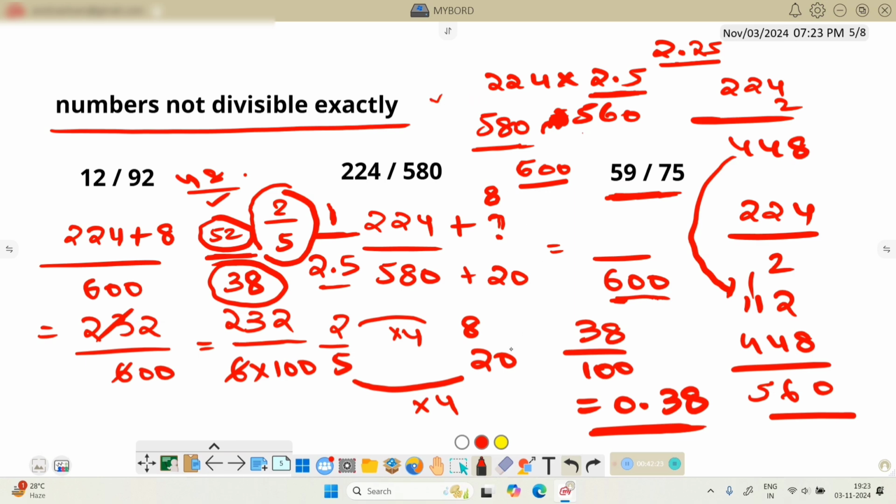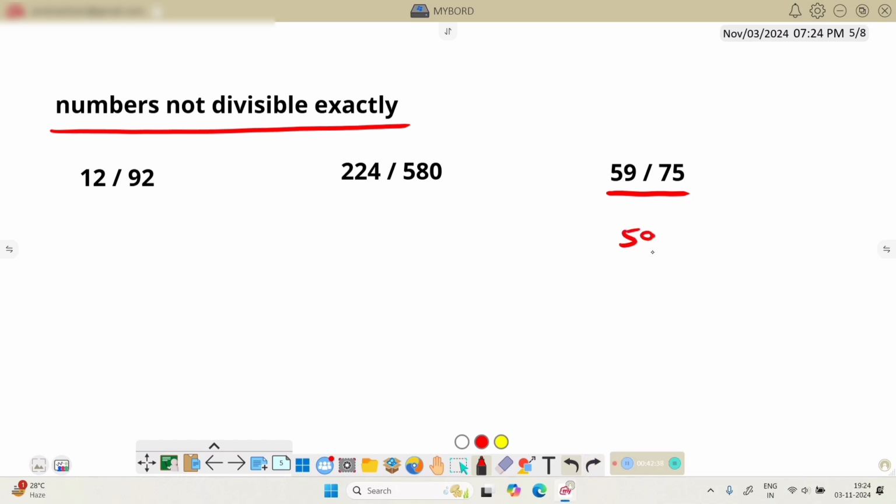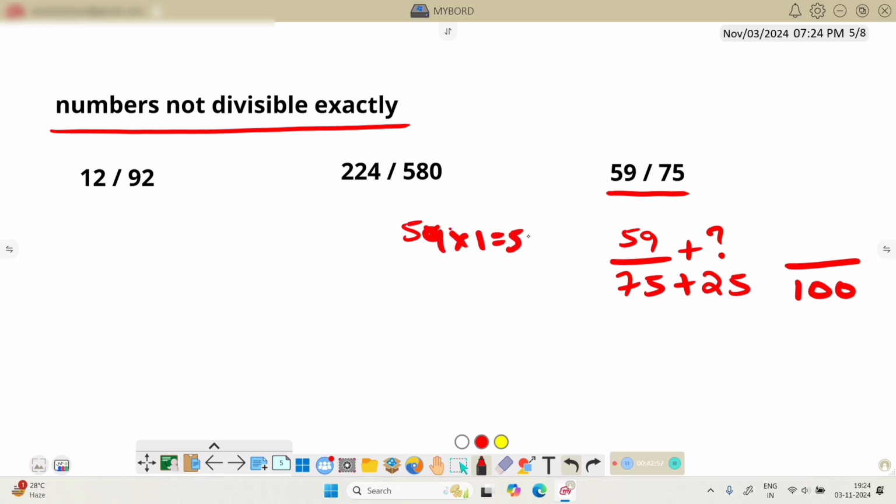Okay, see the next sum they have given is 59 by 75. If you add 25 here, you will get the answer 100. Okay, so here which number should you add? See here, 59 and 75 are very near numbers, right? 59 ones are 59.